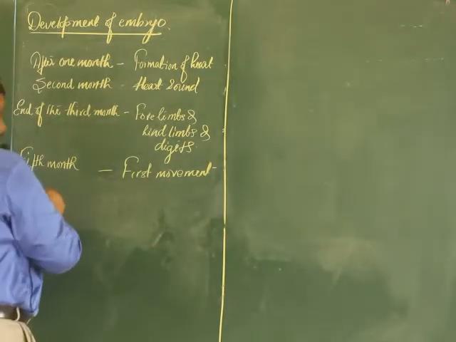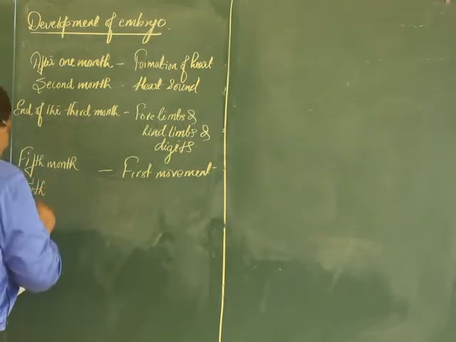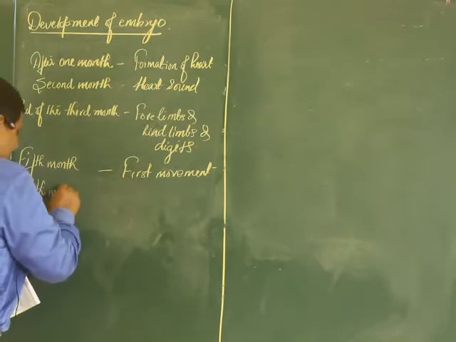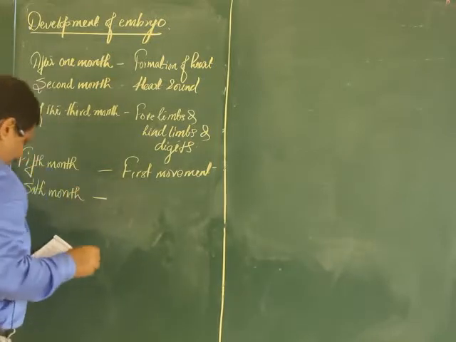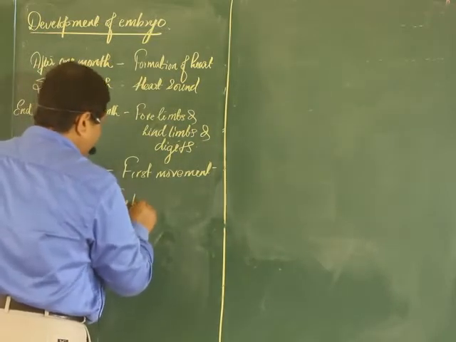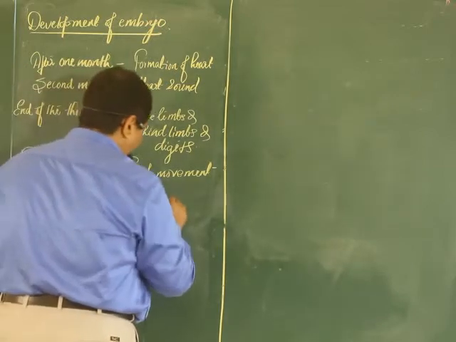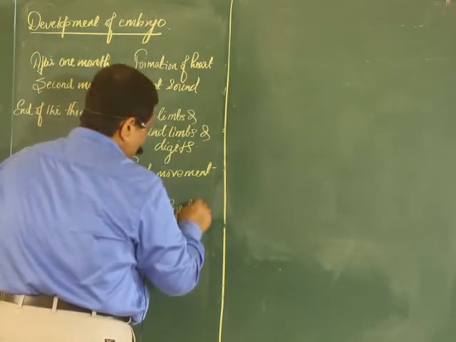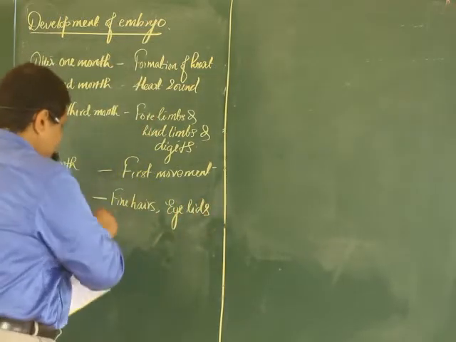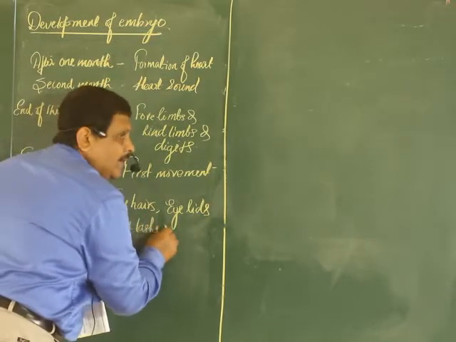Then in the 6th month, fine hairs, body hairs, and then eyelids and eyelashes will develop.